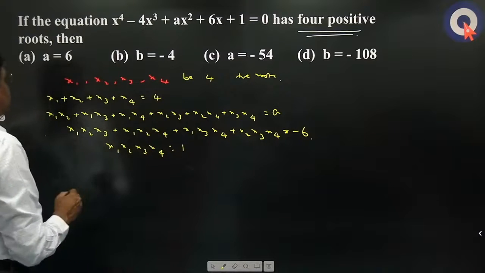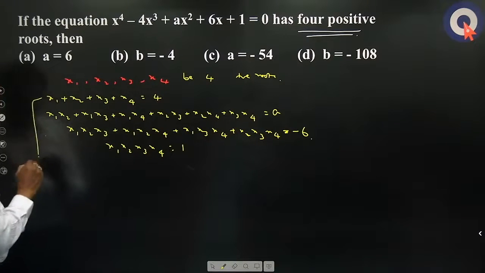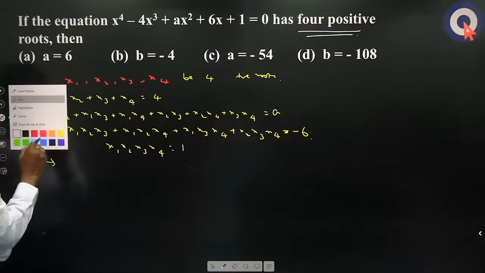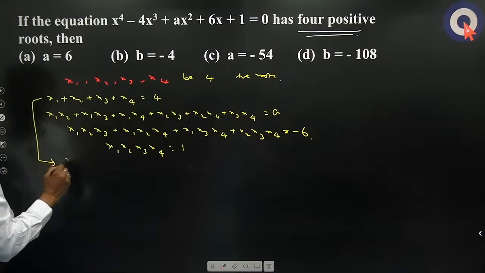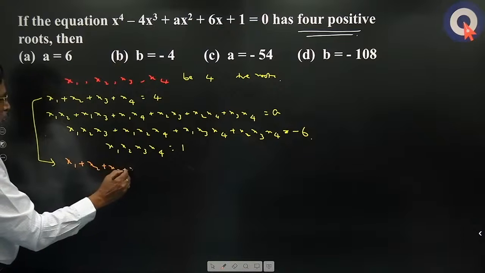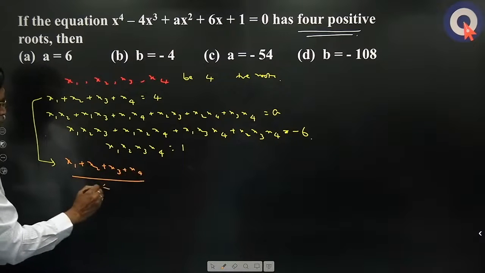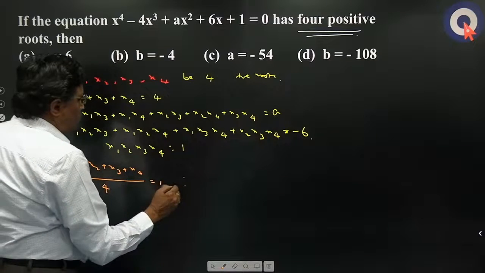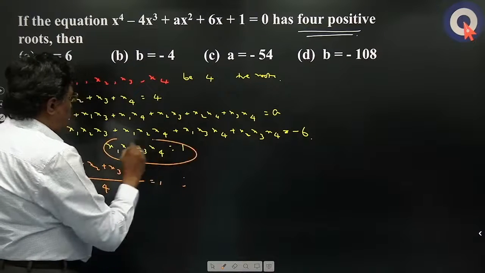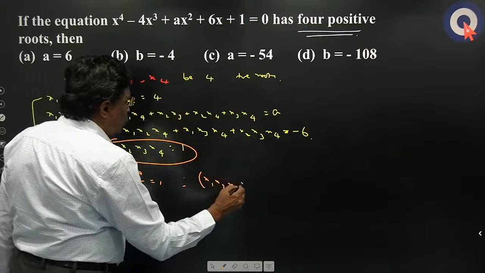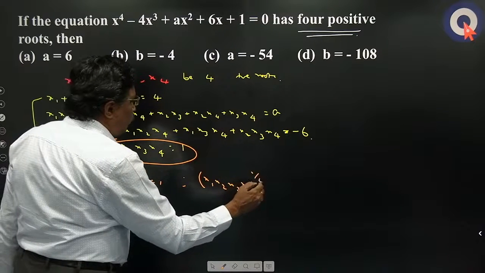Now you can see from this we can say that x1 plus x2 plus x3 plus x4 by 4 is equal to 1, and from this we can say that x1 x2 x3 x4 whole power 1 by 4 is also 1.